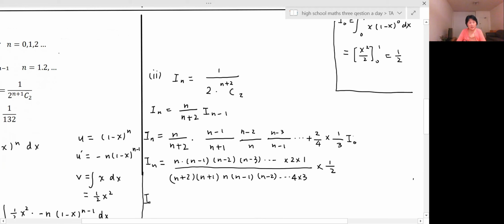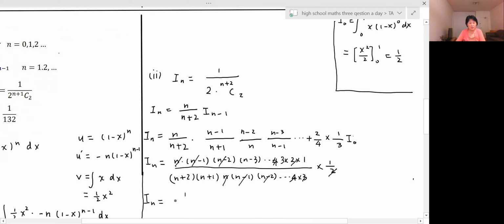Okay, so now I_n equals: you can see n cancels, n minus 1 cancels, n minus 2 cancels. So there will be 2, so cancel the 2. The previous one must be 3, already cancelled.